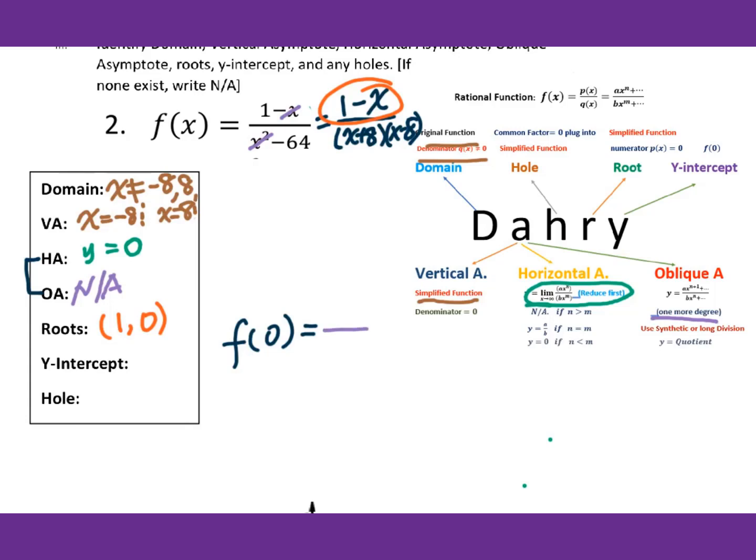You will get 1 over -64. So you got -1 over 64. 0, -1 over 64. There is no hole in the graph, not available, because no common factor.